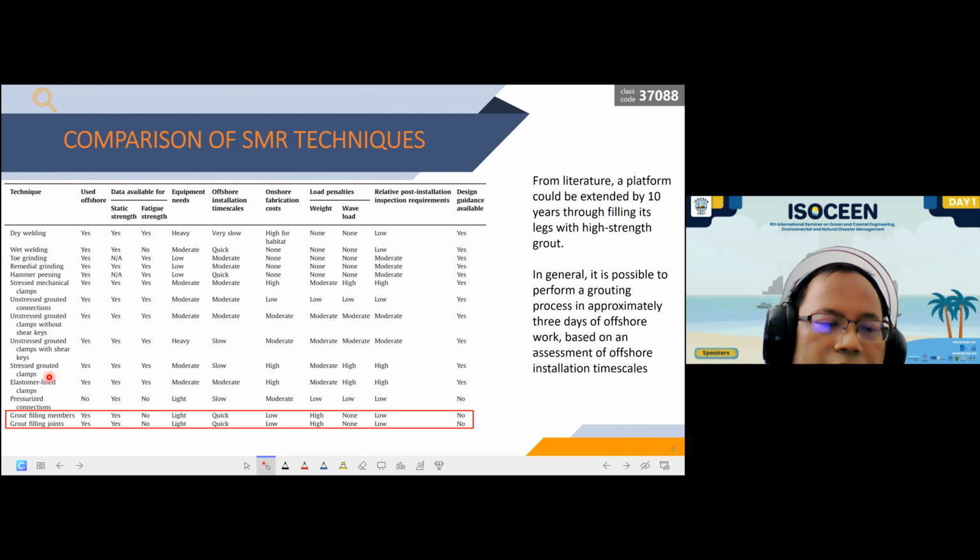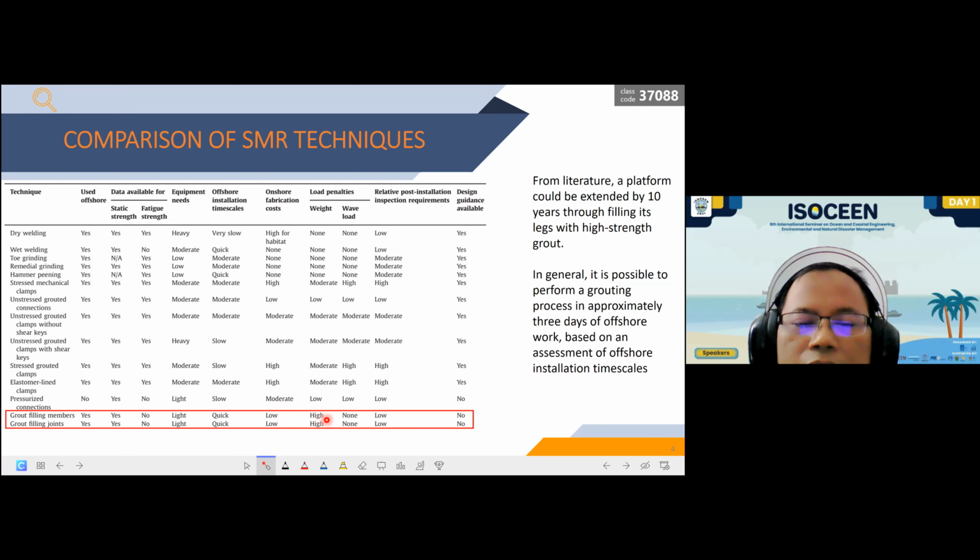We can see that grout filling has some advantages: it can be used in the offshore or marine environment, it has little equipment requirements, the installation time is quick, and the cost is low compared with the other methods.